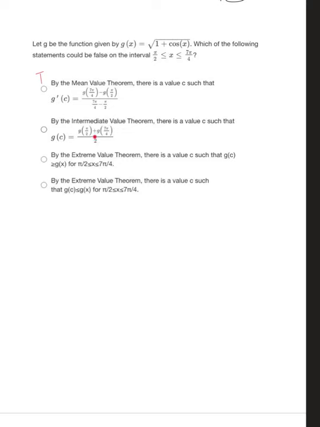But if you look at what that is, that's the y value of the left endpoint, that's the y value of the right endpoint, and you're adding them and dividing them by 2. So you're finding the average of the endpoints, and certainly that has to be between the two endpoints. The intermediate value theorem says you have to cross through everything between the two endpoints. And so yeah, that also seems to be true.